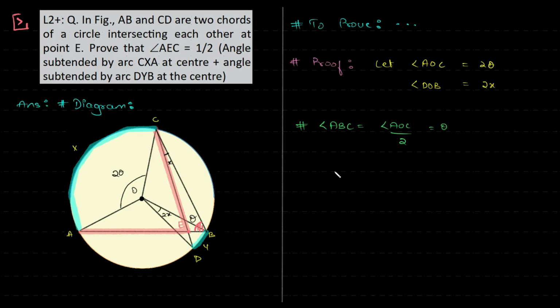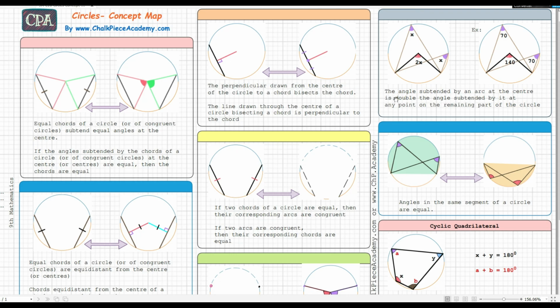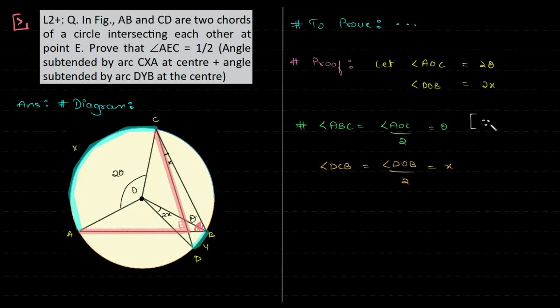Then we have angle DCB, which is equal to half the angle of DOB. So this will be equal to x. But why is this? What is the reasoning? The reasoning is that, yes, the angle subtended by an arc at the center is double the angle subtended by it at any point on the remaining part of the circle.